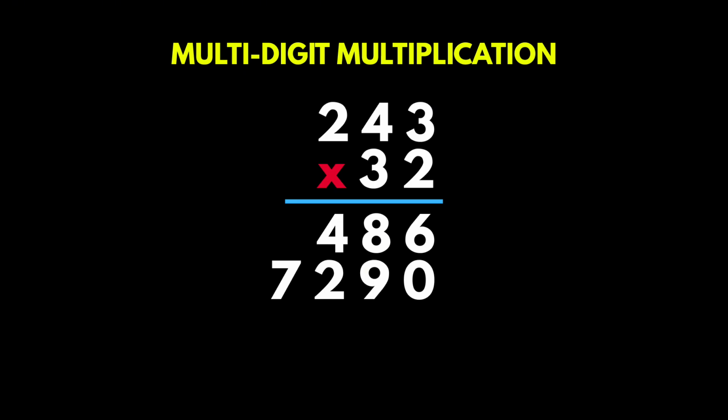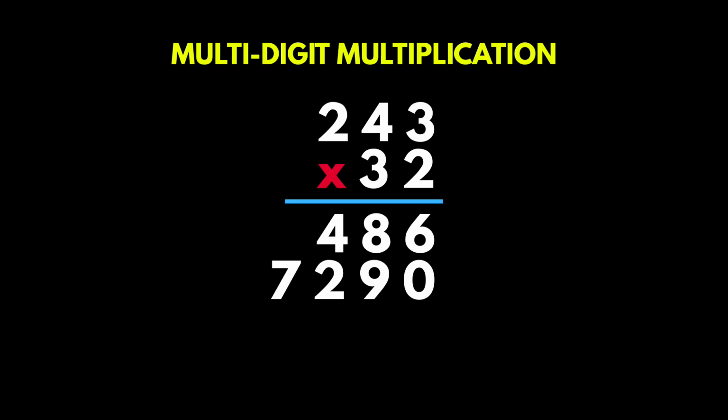Step 2. Multiply 243 by the tens digit, which is 3. Because this is the tens digit, we place a 0 in the ones column first as a placeholder. 3 times 3 is 9. 3 times 4 is 12. Write 2, carry 1. 3 times 2 is 6, plus 1 is 7.